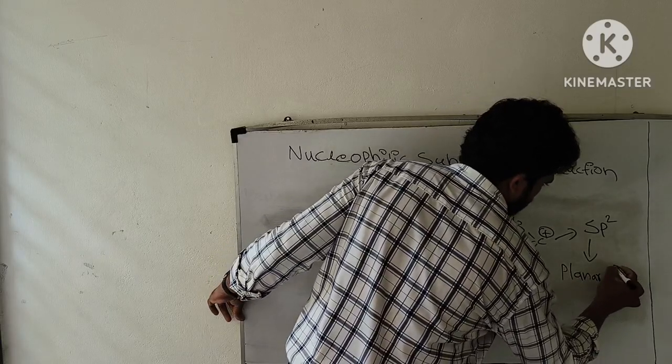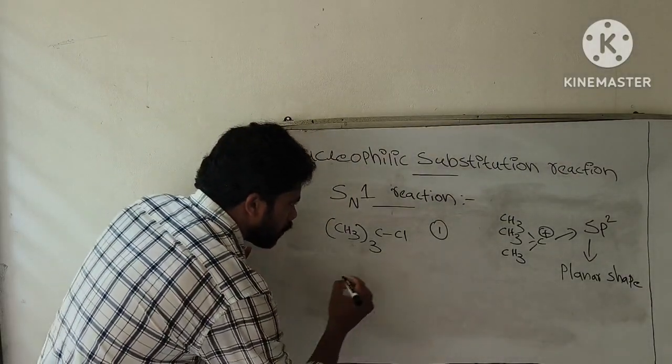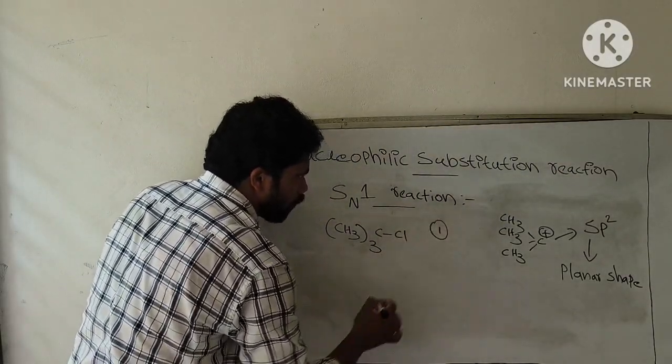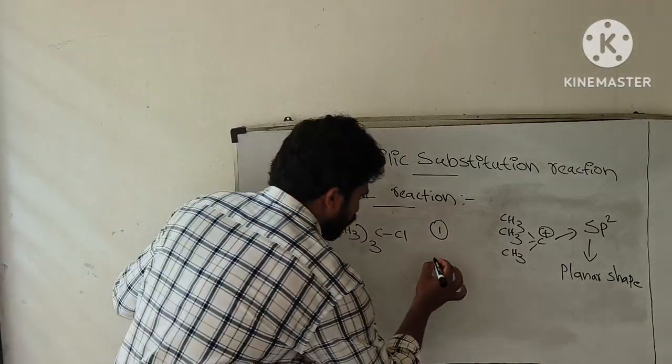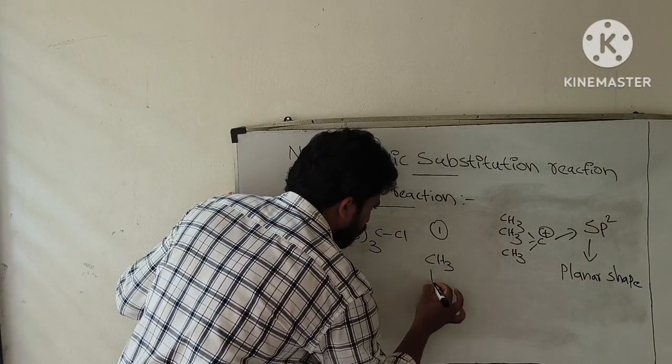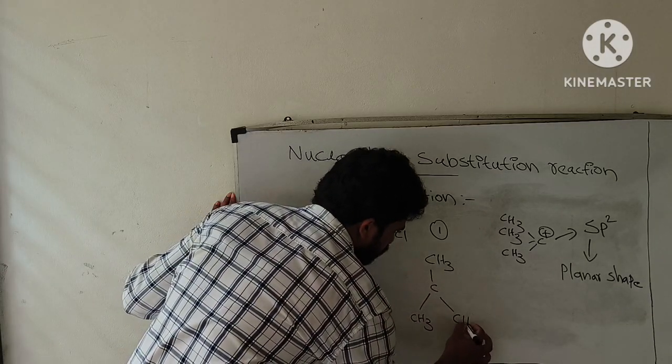It has planar shape. So here I am drawing the planar shape of the sp2 hybridized tertiary butyl carbocation, that is CH3 C CH3 CH3.